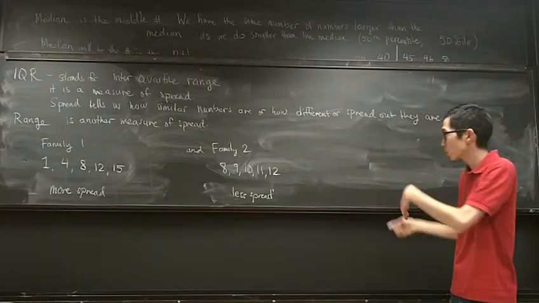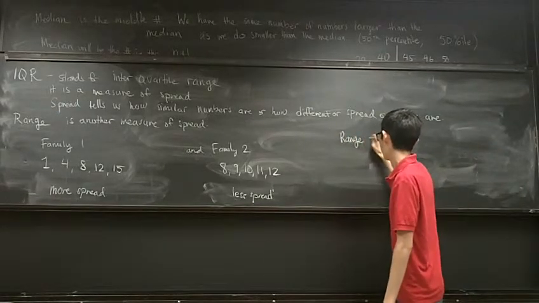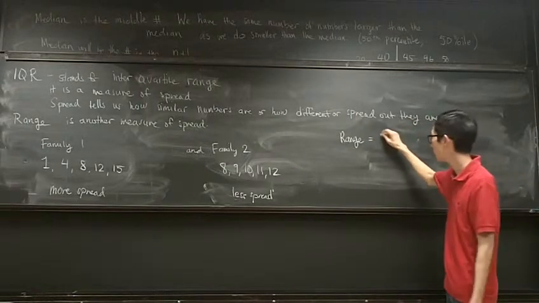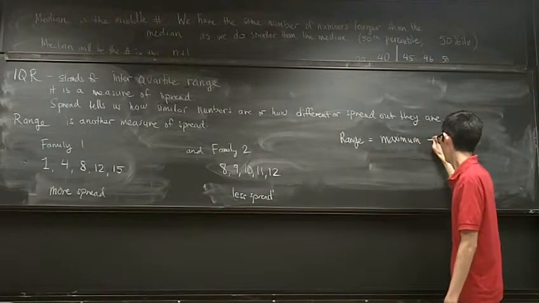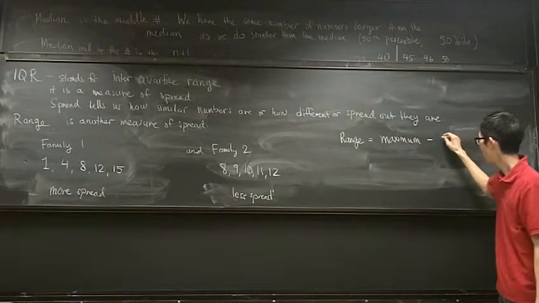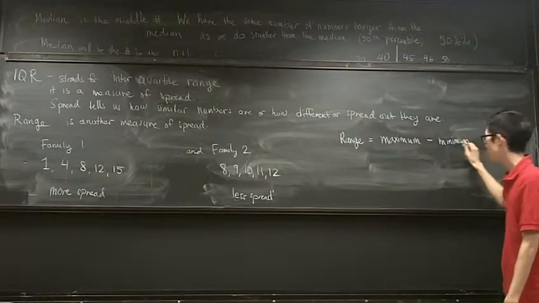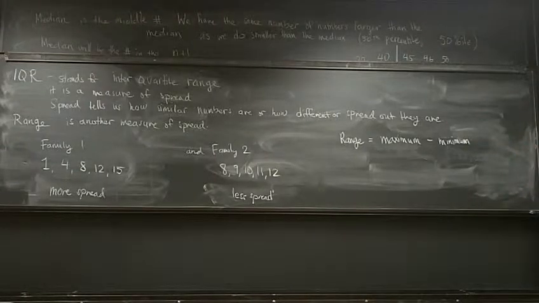Okay, so the range is a very simple concept. All you do, the range is the largest number, or we say the maximum, subtract off the minimum. Take the largest number and subtract off the smallest number, okay?